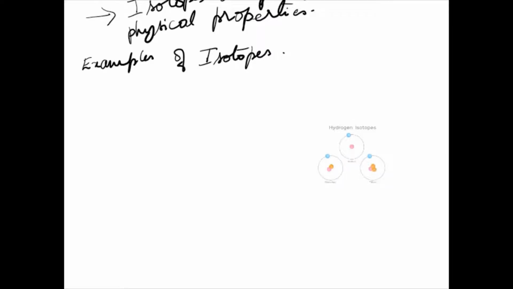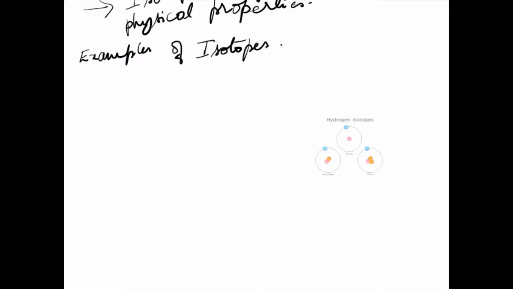Okay, these are isotopes of hydrogen. So what does this mean? See, this hydrogen atom has one proton. This is the proton, okay, and this is the electron, okay.